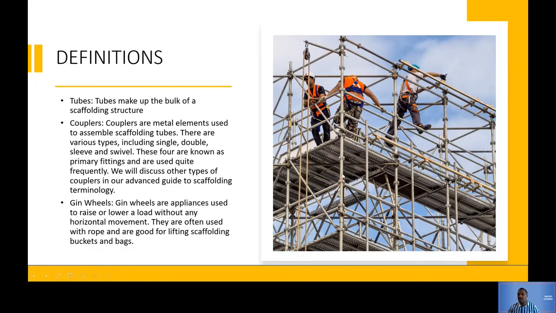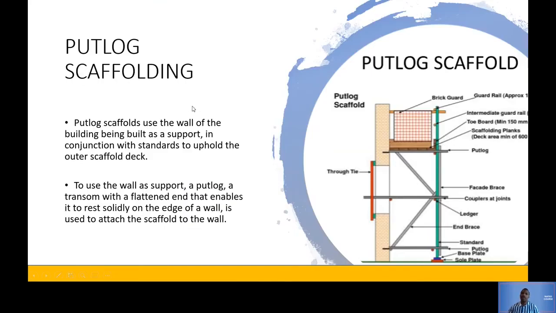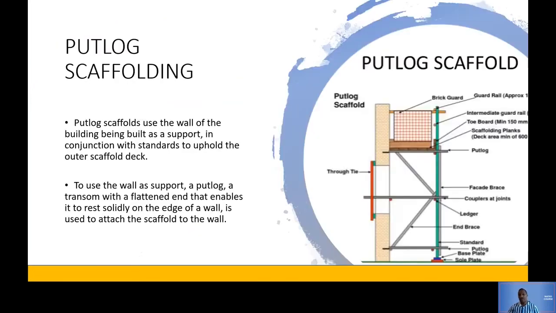Brackets, no, they're not showing here, but they just extend the working platform, as it says here. Now those were just the members of a typical scaffold, but let's get into the types of scaffolding now.